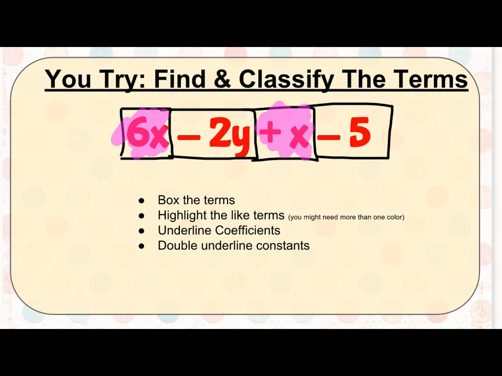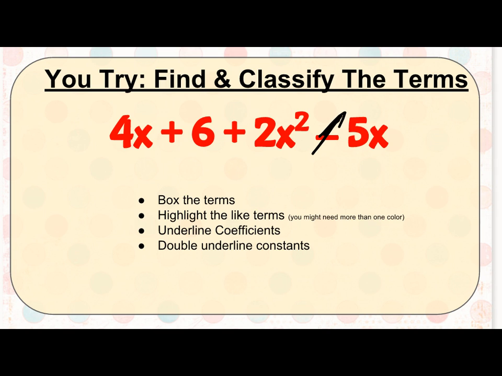There's a 6. This is why we use boxes. There's a negative 2. And the x doesn't have one, so there's really a little invisible positive 1 in front of that x. So there's a 1, there's a negative 2, and there's a 6, are really what our coefficients are. And then we do have a negative 5 for a constant. Okay.